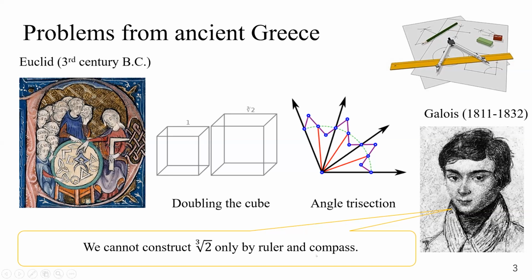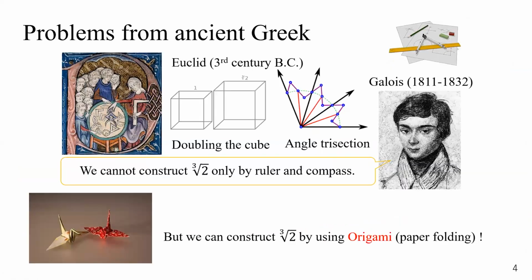For instance, we cannot construct the cube root of 2 only by ruler and compass. But we can construct the cube root of 2 by using origami paper folding. I will explain an explicit algorithm for this construction soon. Then my main theme will appear there.